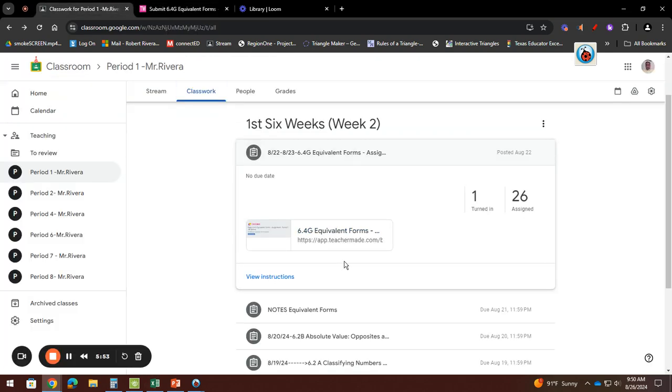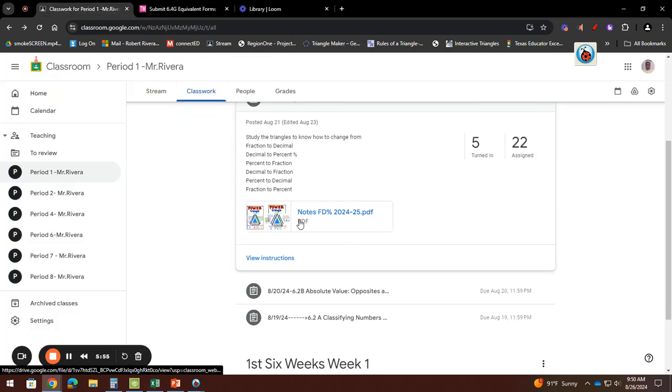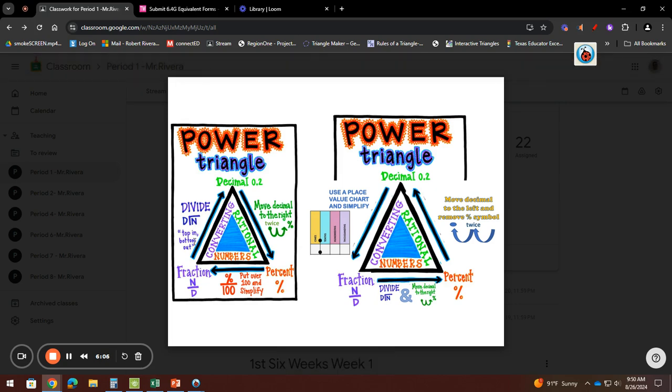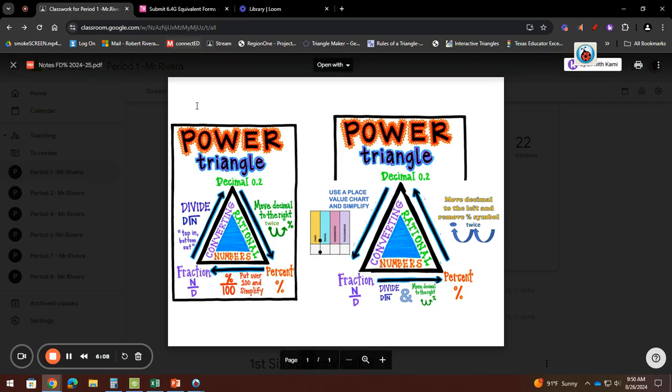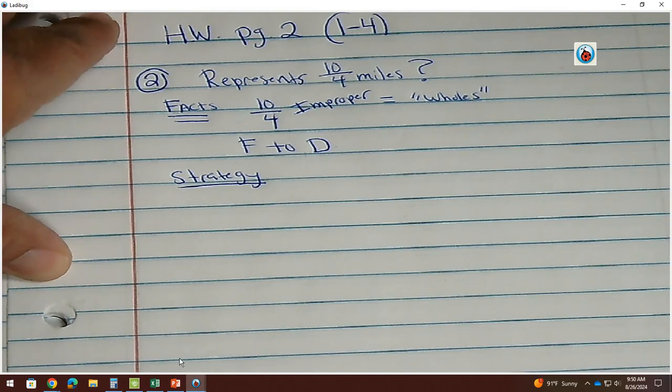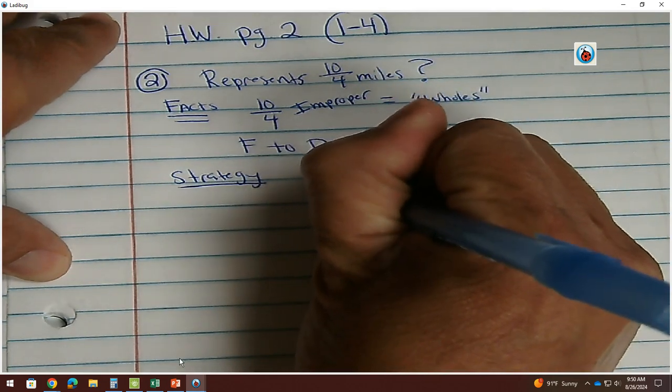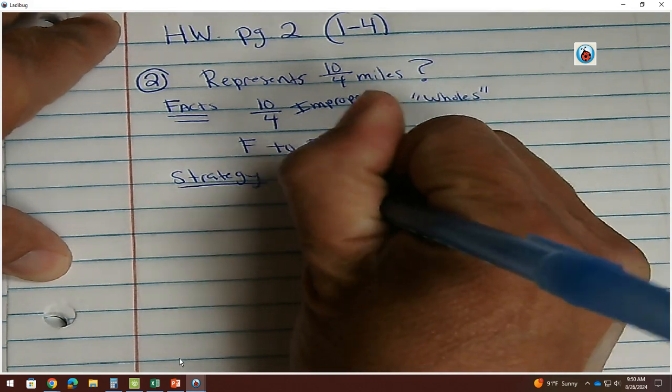The triangle notes, I can open it here. And here we have fraction into decimal. So it says to divide numerator by denominator, top in, bottom out. So this is a bottom out strategy. So the strategy would be to divide numerator divided by denominator, bottom out.